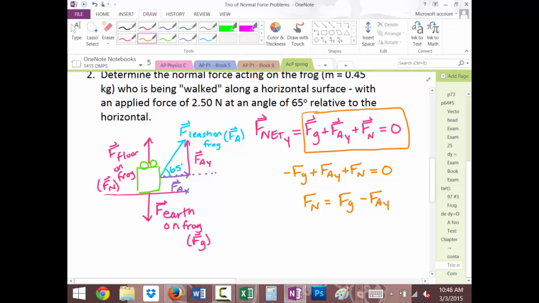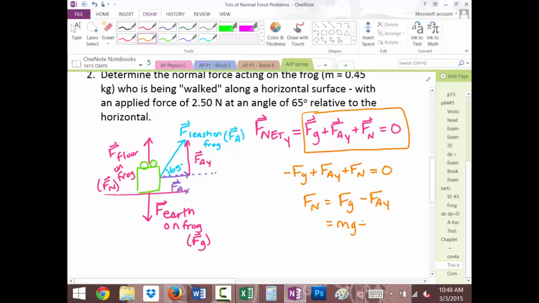Do we know what Fg is? You could say that it's Mg. You could also say, hey, wait, we already figured it out in the last question. It's 4.4. Either way is okay with me. Do you know what Fay is? Can we figure it out? So here's Fay.